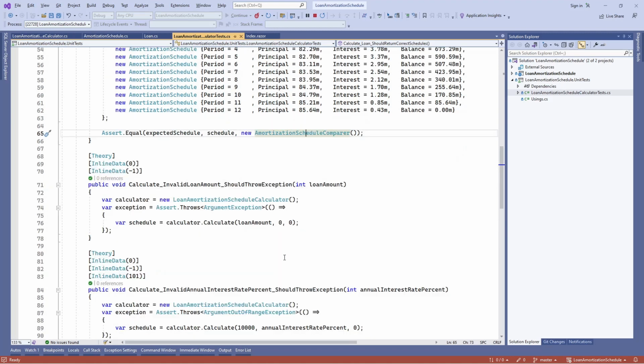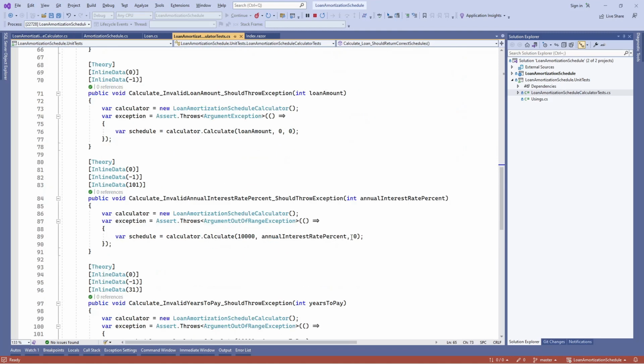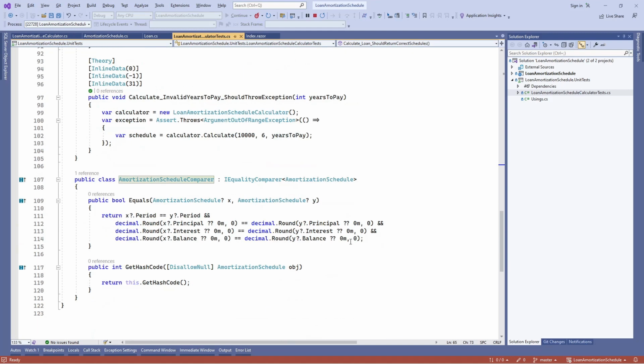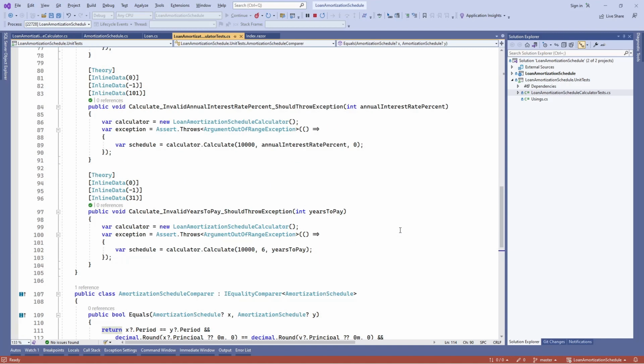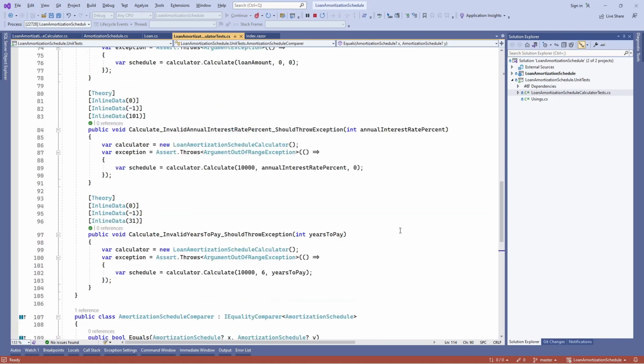Right, so we simplified this one. You might have noticed that when comparing the amortization schedule, we just have to round it into whole numbers, so much easier. I'm not an expert in finance and dealing with money, so I think the minimal would be 2 decimal places, but here we just set it as whole numbers. It's much easier for us to see the values on the output.